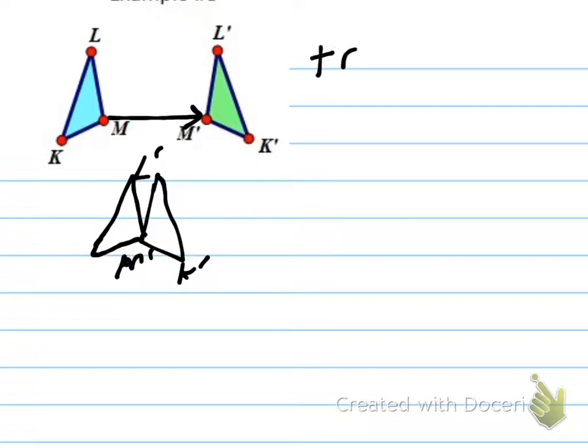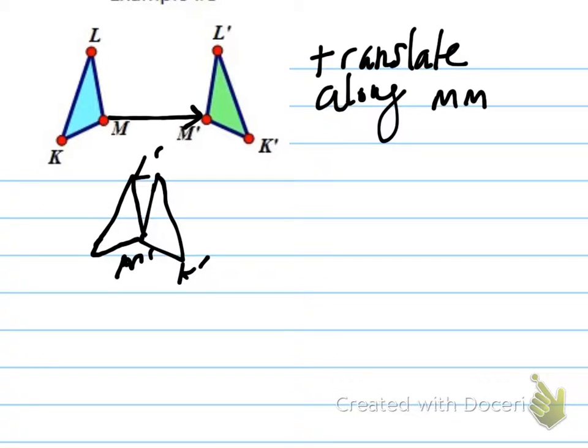So first, translate along M to M prime. But see, these two lines right here, let me outline them more vividly. These two lines right here don't match up yet, and they're supposed to. So this line and this line. Because if you translate along the vector, this will be kind of like this, right?